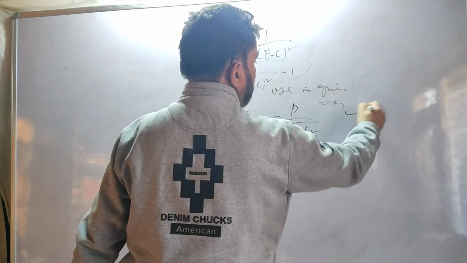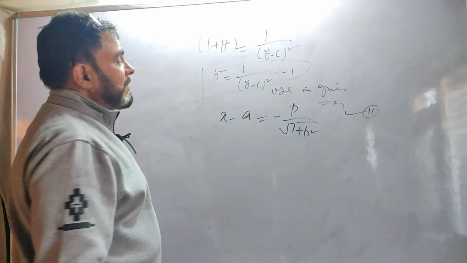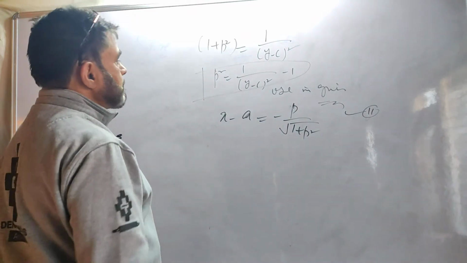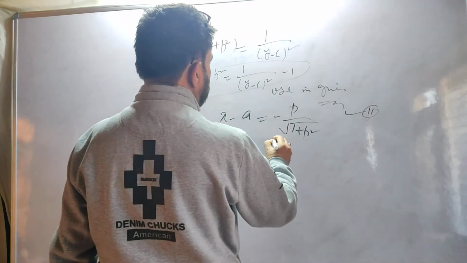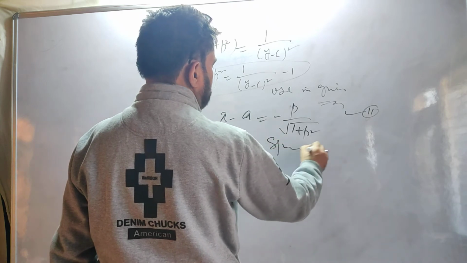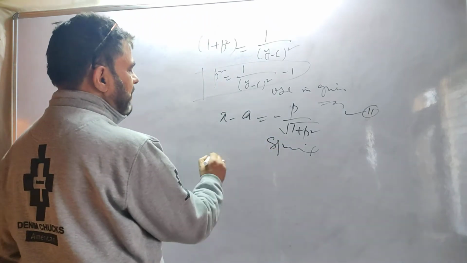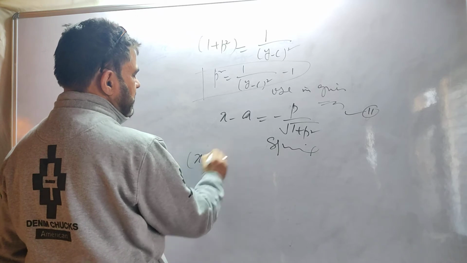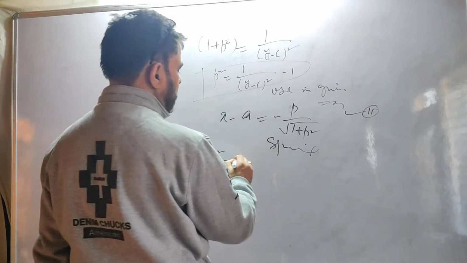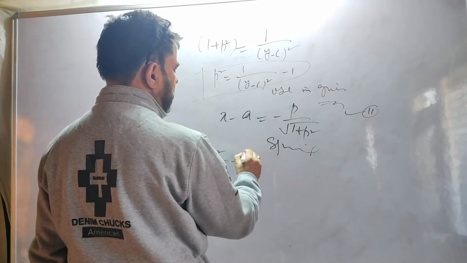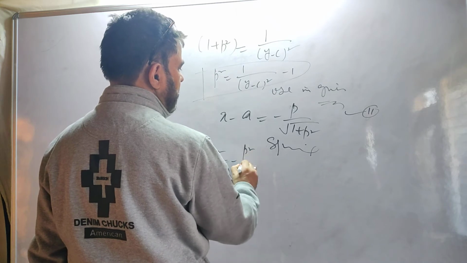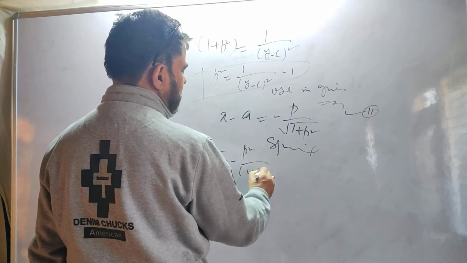I am using it, the second given equation. If I square it on both sides, what I get, x minus a square is equal to minus p square by 1 plus p square.